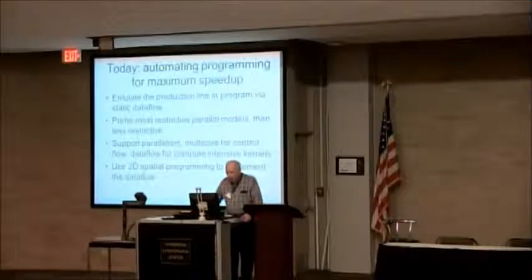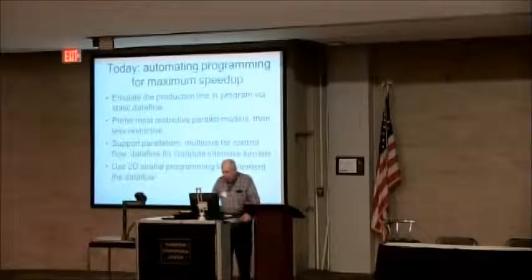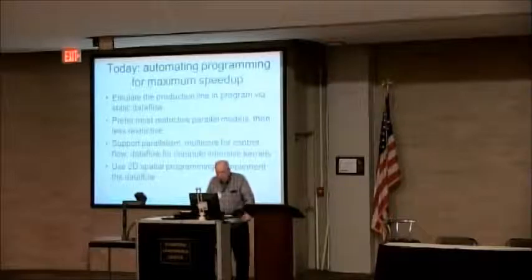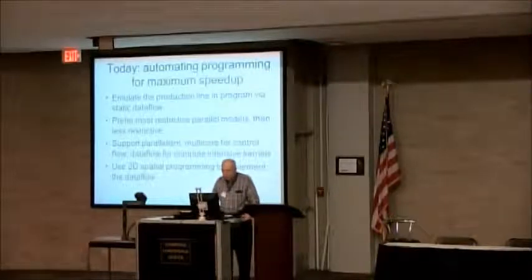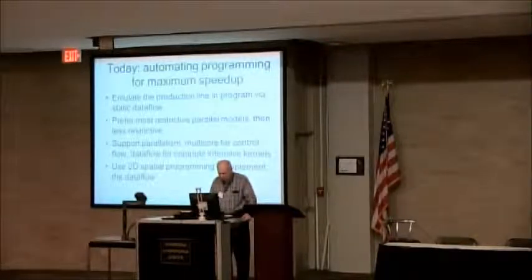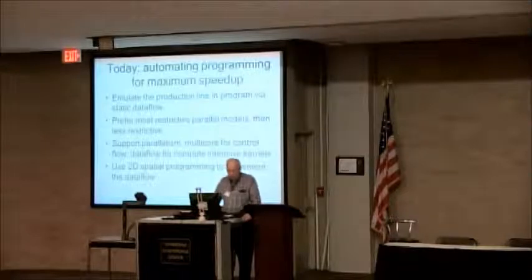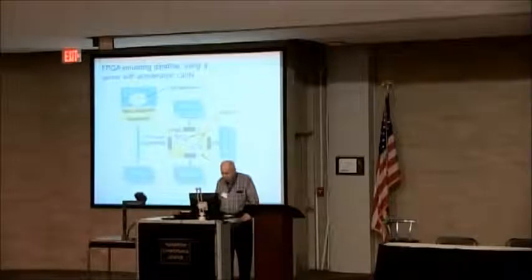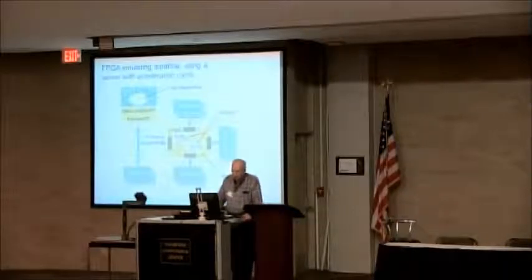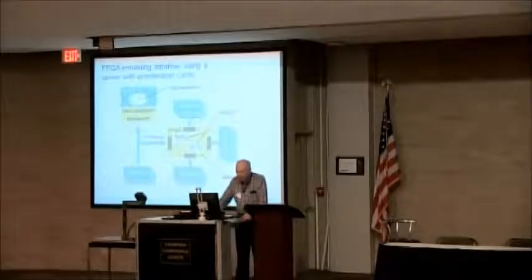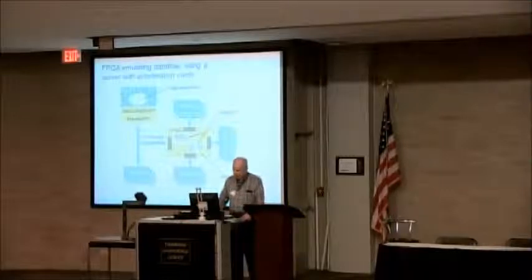So we're going to support parallelism, multi-core for control flow and data flow for compute-intensive kernels. And we're going to use a 2D spatial programming to implement the data flow. So now this is the way our system is laid out from 10 yards away.